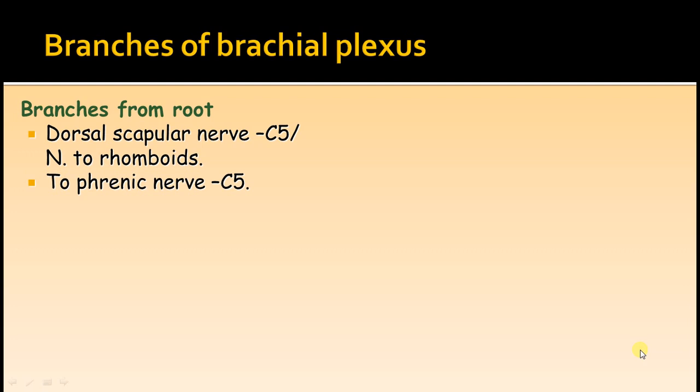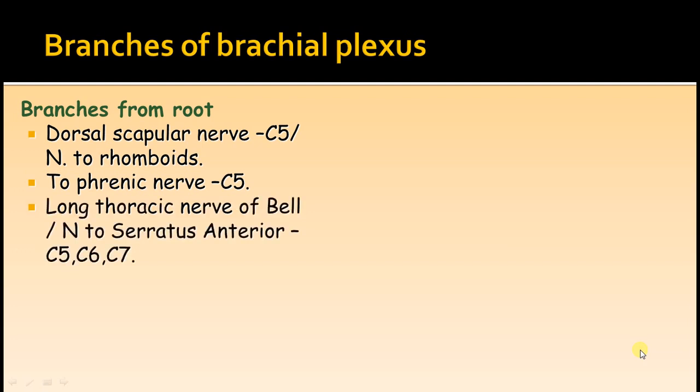The spinal nerves involved in the formation of the phrenic nerve are the third, fourth and fifth cervical nerves, C3, C4 and C5. The C5 is derived from this root part of the brachial plexus.